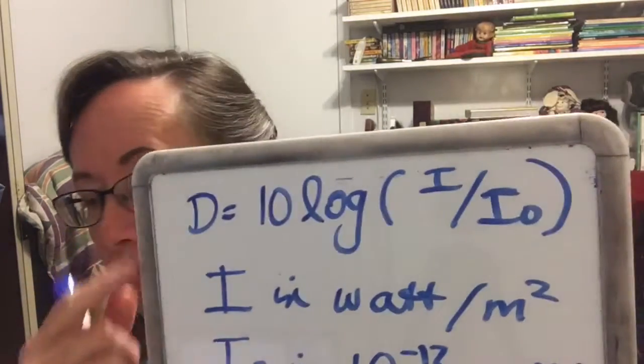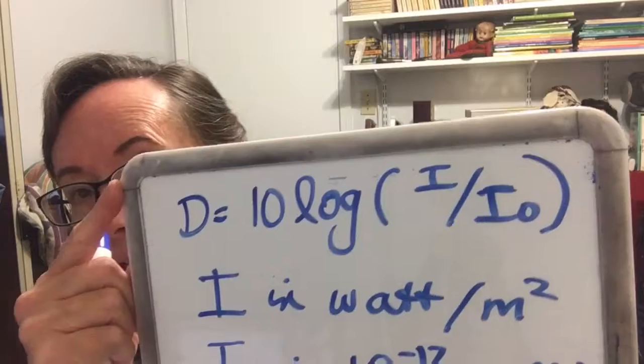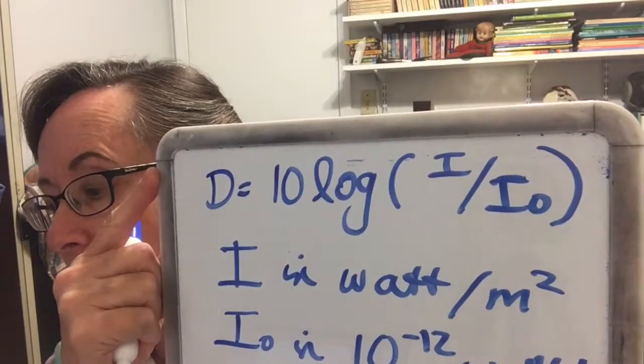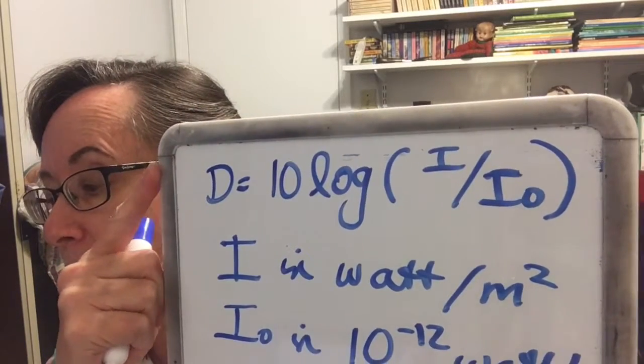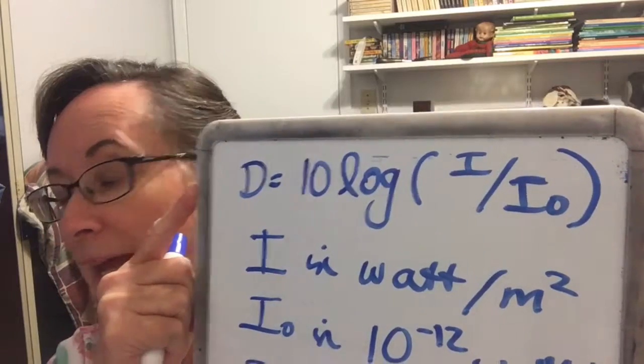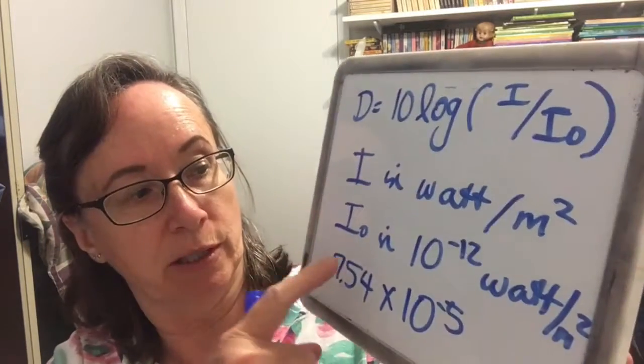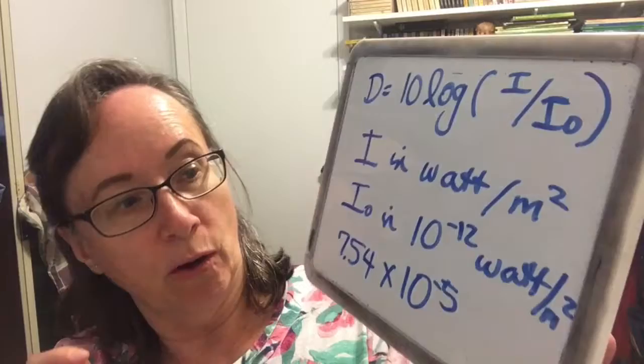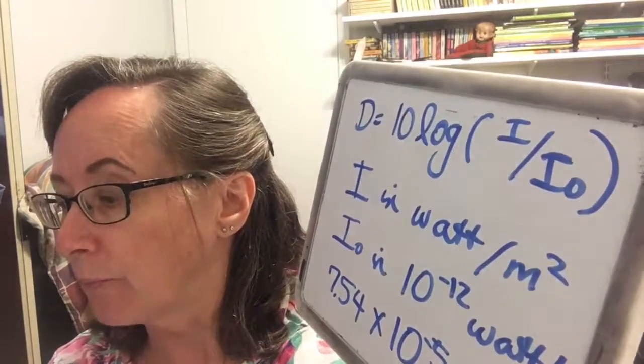All right, so this is the last one that is going to be on 5.3, so we're almost done. Okay, so it says the loudness, D, in decibels of a sound of intensity I is given by this formula right here. D is equal to 10 log of I divided by I sub 0, where I is measured in watts per meter squared, and I sub 0 is equal to 10 to the negative 12 watts per meter squared.